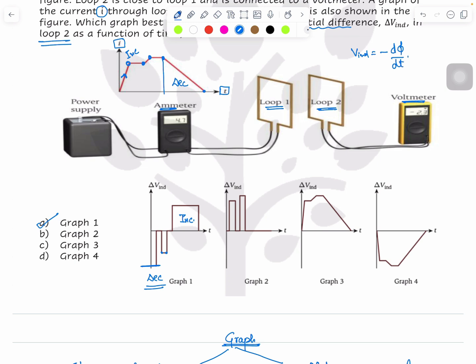So you need to check if current is increasing in loop 1, current 1 is increasing, then current 2 should definitely decrease. I told you, it is opposite in nature. If one is increasing, the second is declining. And if the first one I1 is declining, then the I2 should increase. Clear? Understandable? Okay.